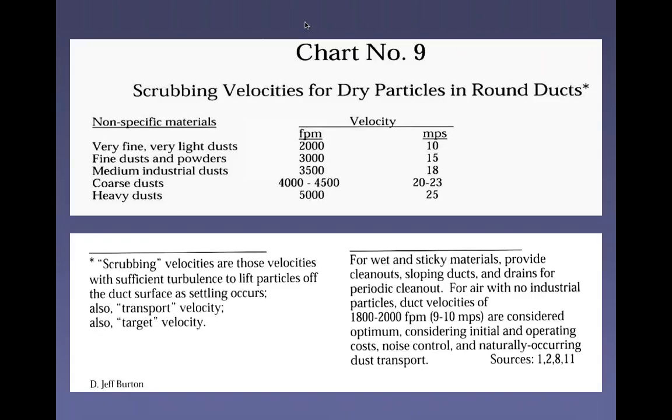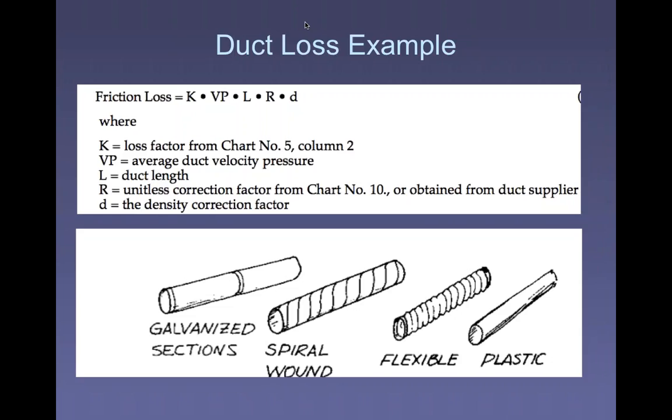Scrubbing velocities for dry particles around ducts: you don't want coarse particles to damage system components, so you may want to limit some of the velocities in some cases. Duct losses: we were talking about different kinds of ductwork. Roughness will determine it.